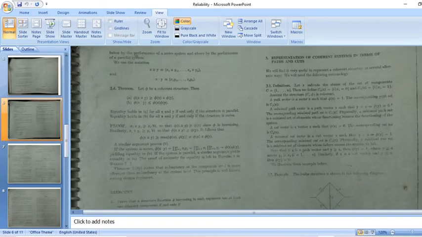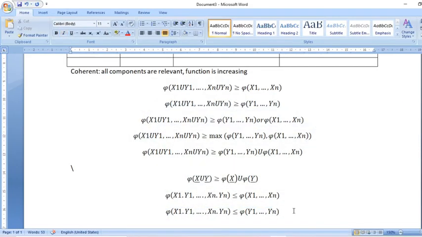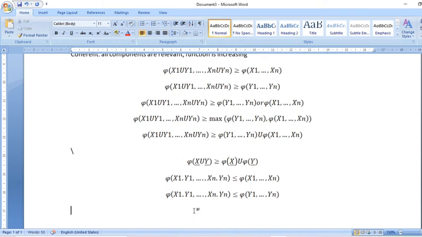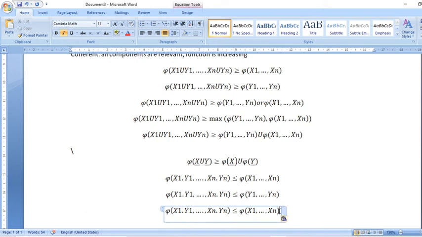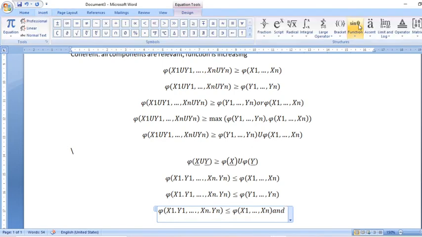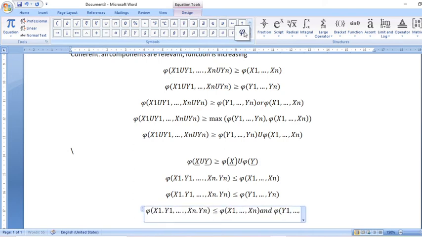So in that case, we can write phi of y1, comma, etc., yn. This will be less than or equal to the minimum of this one.